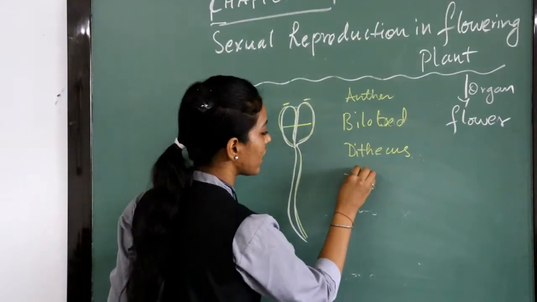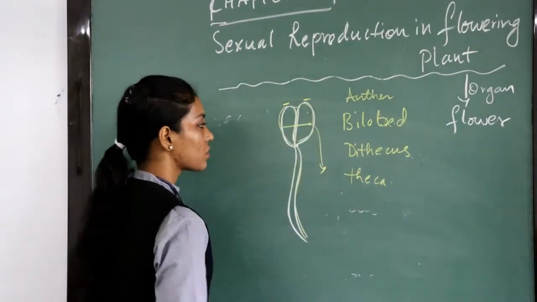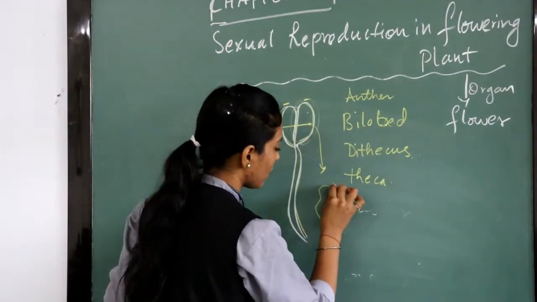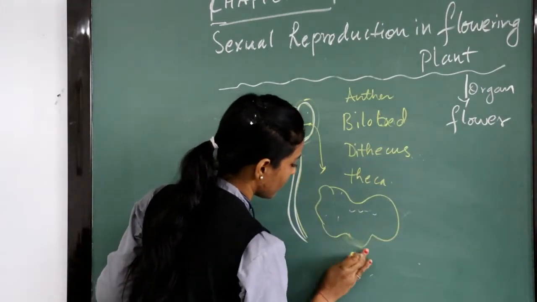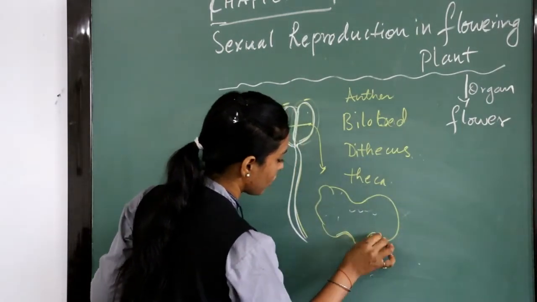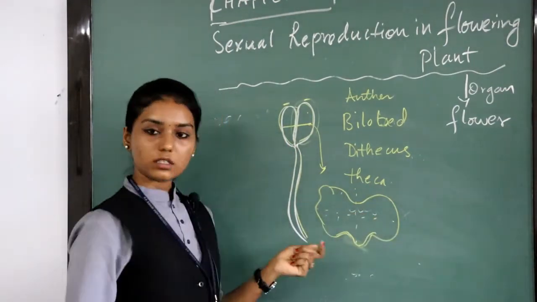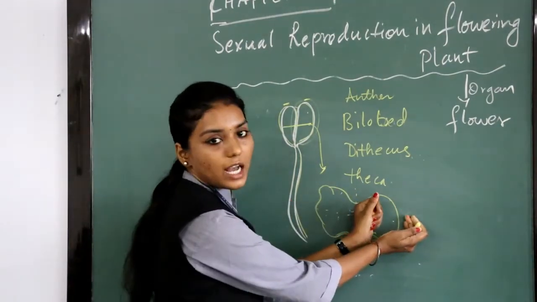They have two theca. When you zoom in on one lobe, it is somewhat like this in structure. ऐसा कुछ होता है structure of anther. So when you divide it like this, it has this type of structure. This is one theca and this is the other theca.